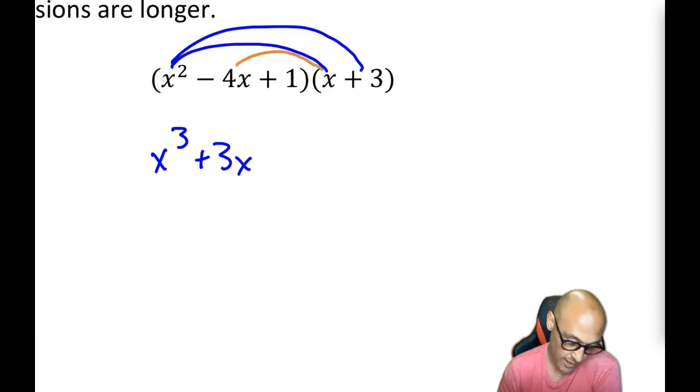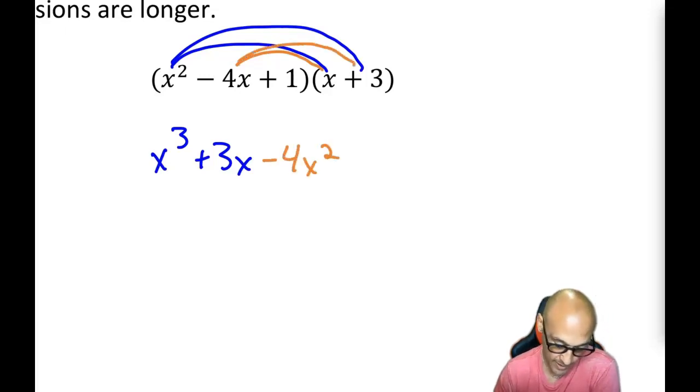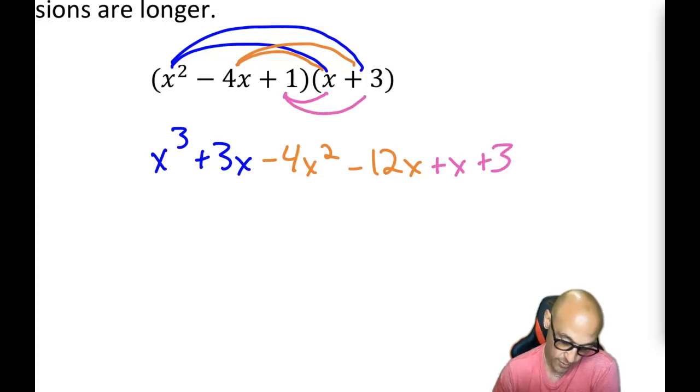So negative 4x times x is negative 4x squared. Negative 4x times 3 is negative 12x. Positive 1 times x is positive x. Positive 1 times 3 is positive 3.